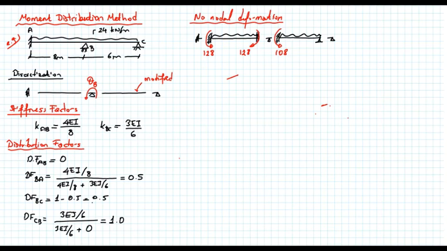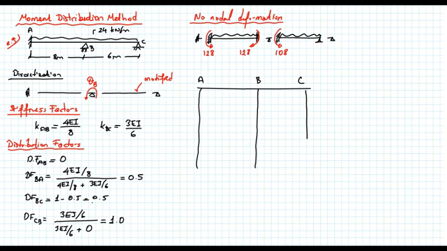Now we have all the information that we need. Now I can start the moment distribution. So this is point A, point B, point C. So let's draw our table. Point A, B, and C. Let's write the distribution factors first.